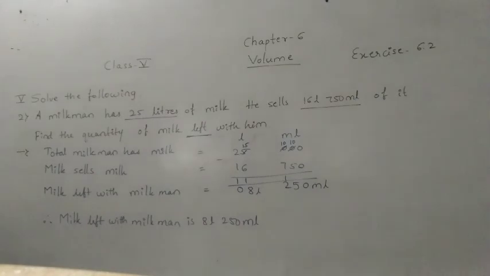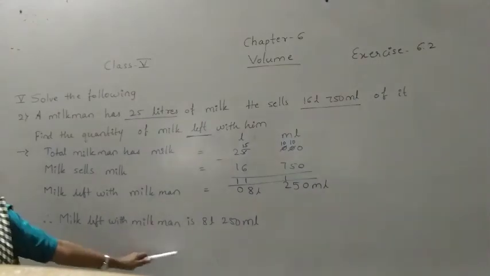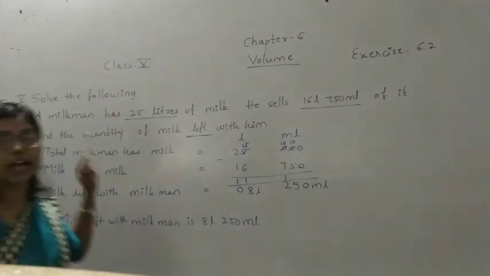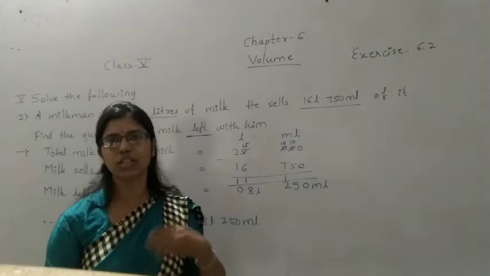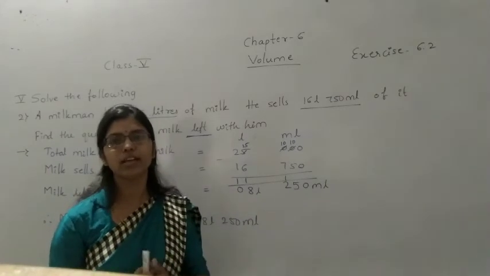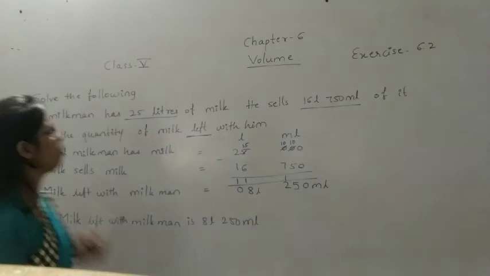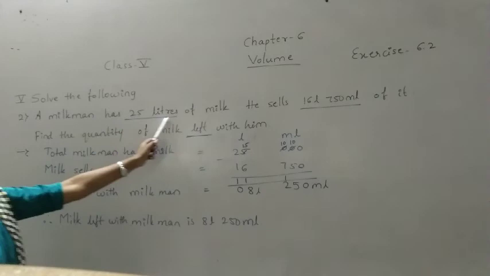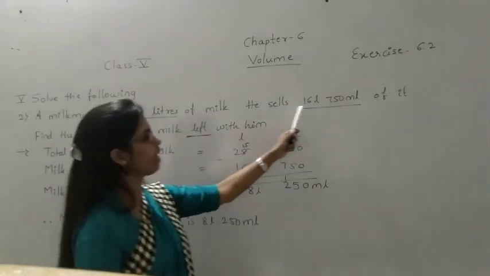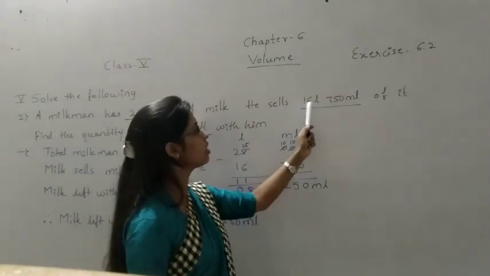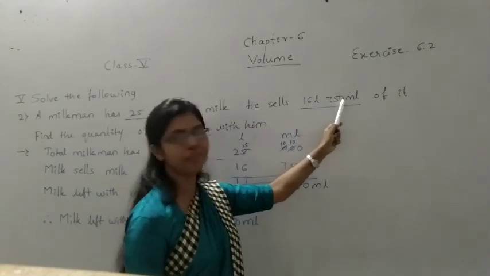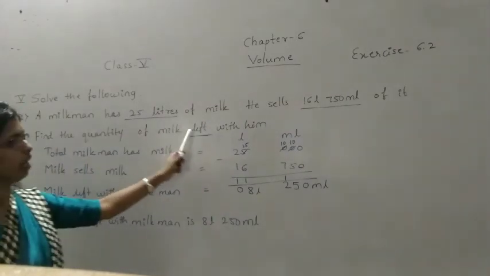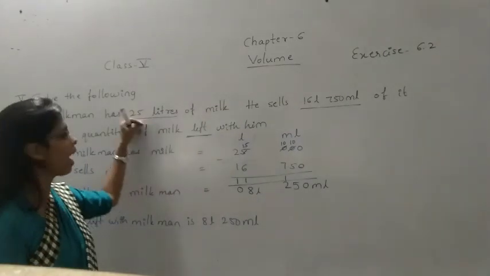See, again I am reading the question. First you should understand the question. That is very important, whether it is addition, subtraction. He sells 16 liter 750 milliliter of it. Find the quantity of milk left with him. So the milkman has this much quantity of milk. He already sold this much quantity of milk.